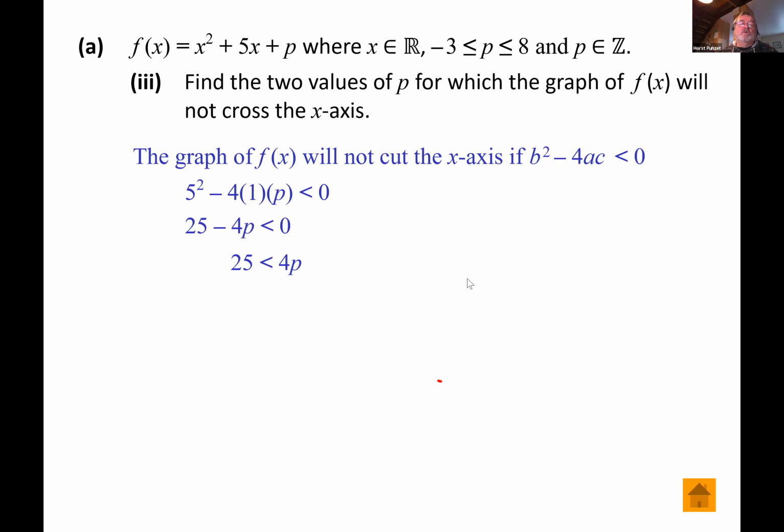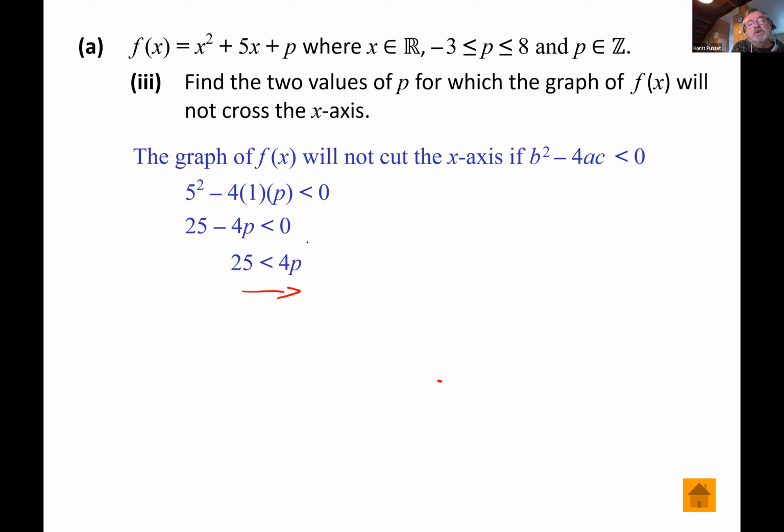So we've got 5 squared minus 4 times 1 times p has to be less than 0, which means if we rearrange that, 4p is greater than 25, or if you do it from that side, 25 is less than 4p. You can view these either way.